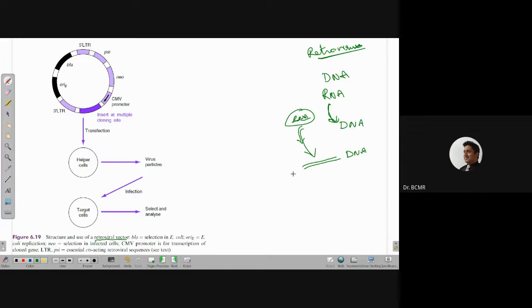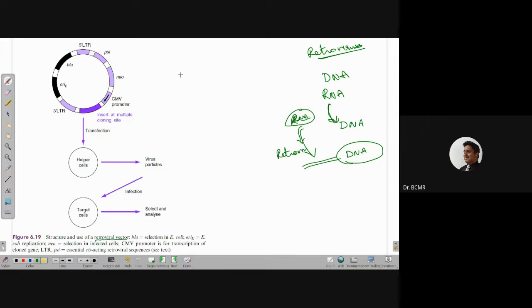Typically from DNA we get RNA, but from RNA we are getting DNA, so you call it retro. So retroviruses are those that have an intermediate form of DNA. So here we are going to see how this can be used as a vector, and this has its own purposes, of course.